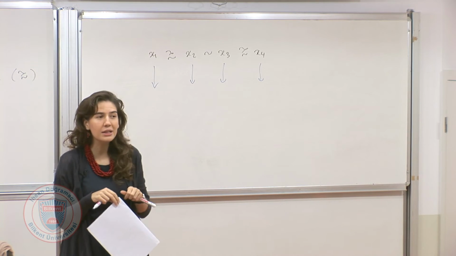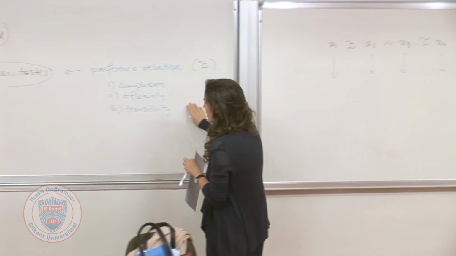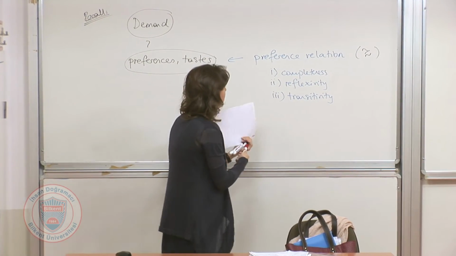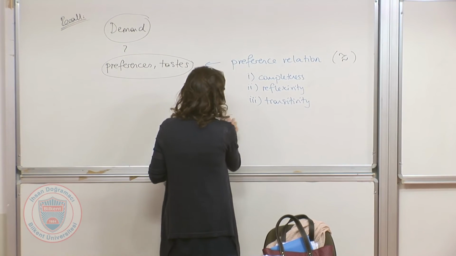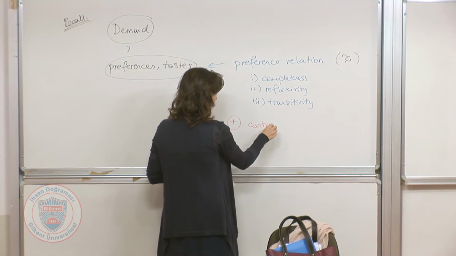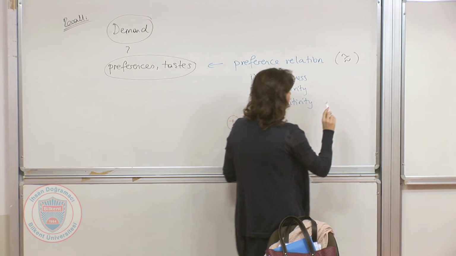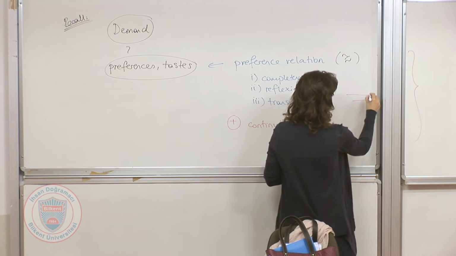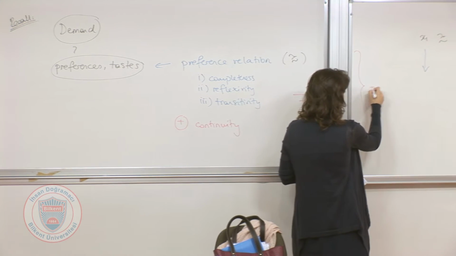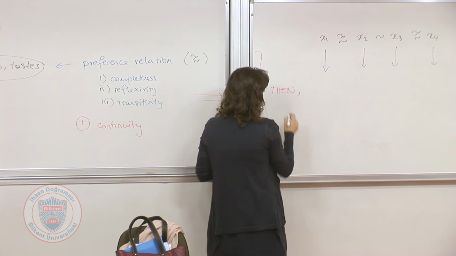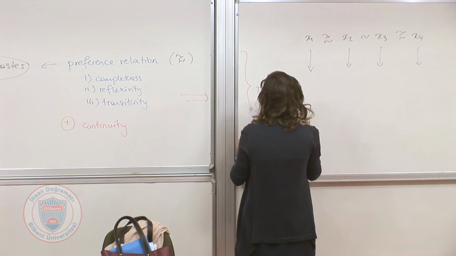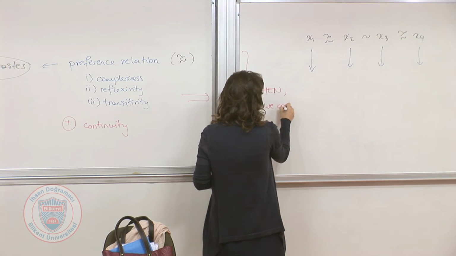Remember, we needed another property here. If your preference relation also satisfies continuity, then we can say that you can have a continuous utility function.